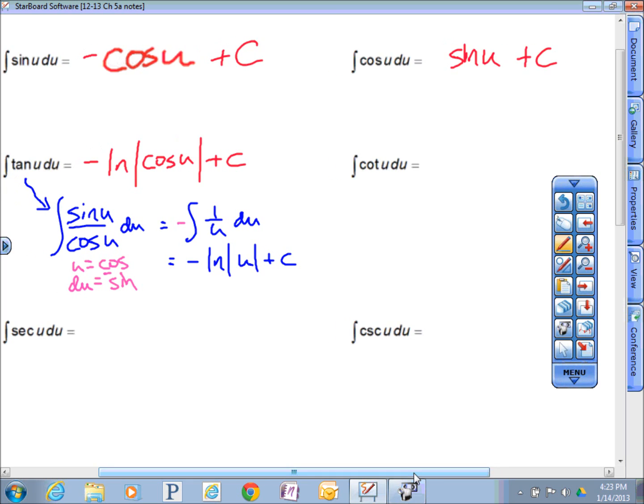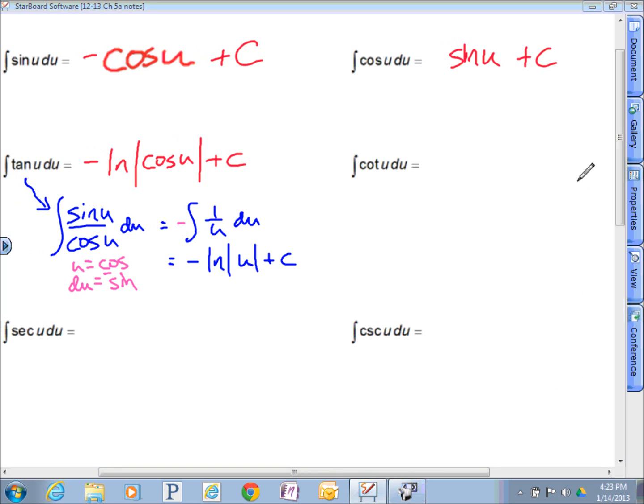Antiderivative of cotangent, if I set up basically the same thing, this one would be the antiderivative of cosine of u over sine of u. So now I would make my u, if I was doing a u substitution, and I'm going to ignore the u on the end of that thing. So if I made u sine, then du would be cosine.